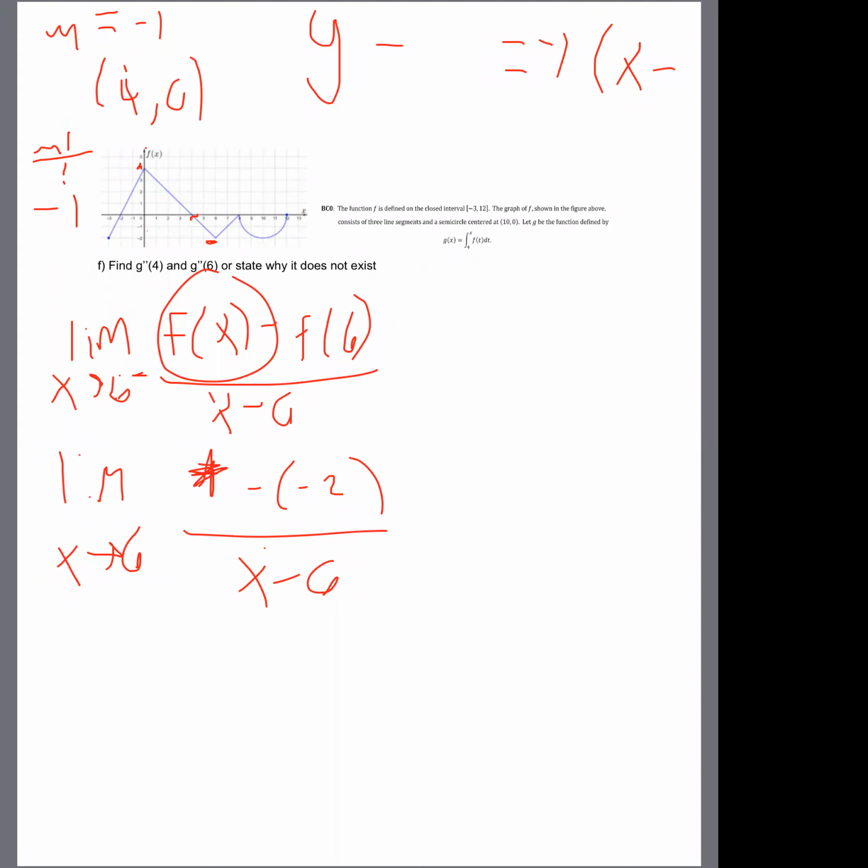That's one of the points on the line. So I'm going to put a 0 here, a 4 there, and this becomes -x plus 4. Now we can write it here, -x plus 4.